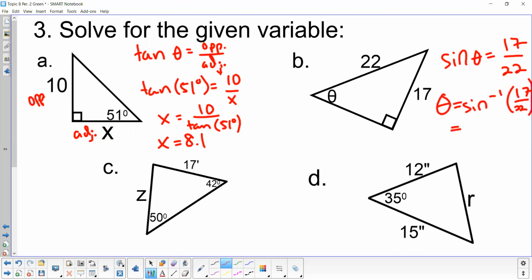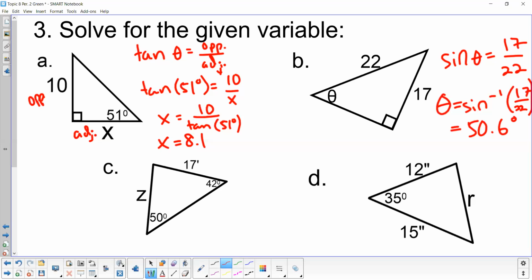We use that inverse feature when we're solving for angles. And shout out what you got. I'll tell you if I got the same thing. About 50.6. About 58.6. That's what I got. Yeah.